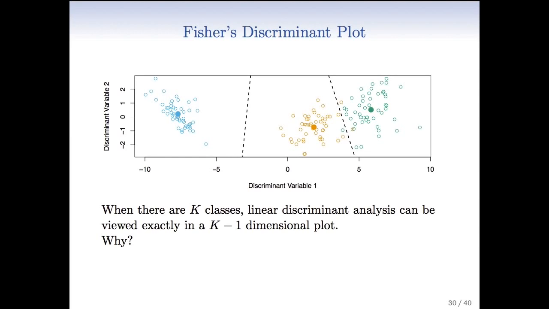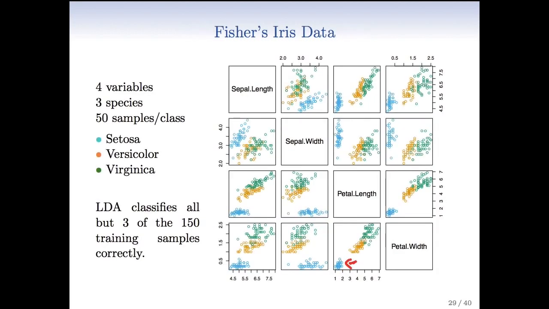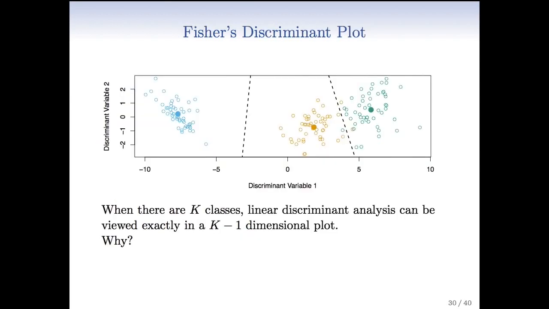Importantly, what comes with discriminant analysis is a nice plot. Right? In this previous picture, there's 4 variables, so we showed a scatter plot matrix of each variable against the rest. But it turns out that there's a single plot that captures the classification information for all of these variables. And here it is.